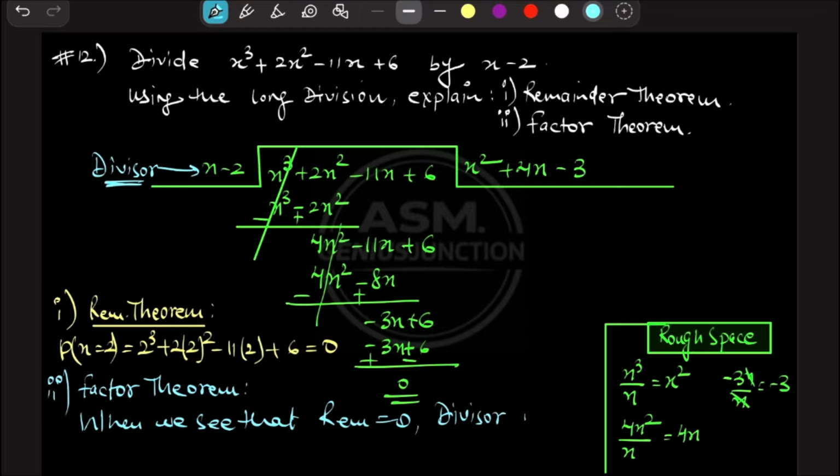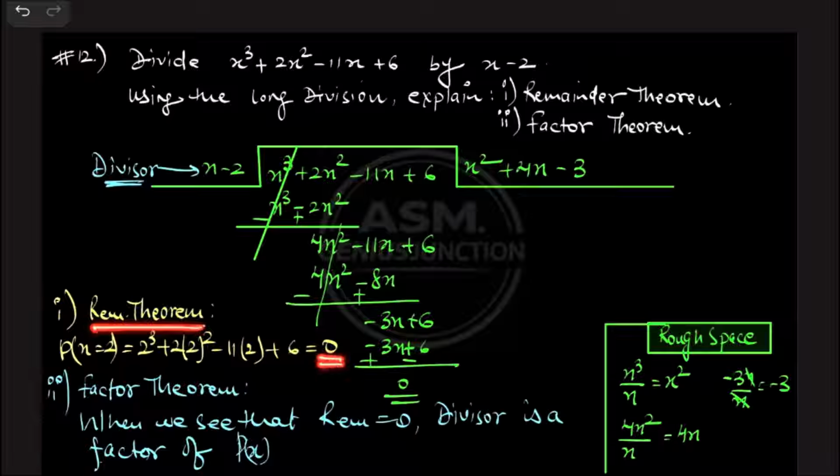Remainder theorem and factor theorem are well connected with each other. Remainder theorem helps us find out what the remainder is going to be. Factor theorem is just an extension of the remainder theorem because it uses the remainder concept.